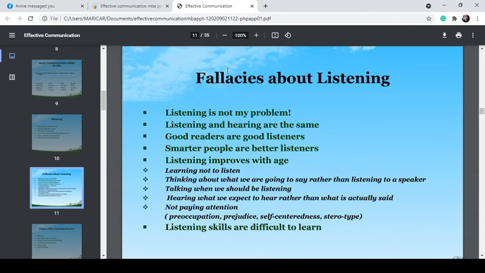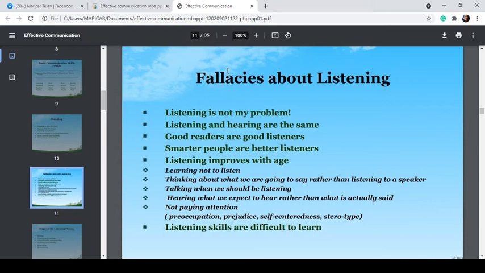Learning not to listen: thinking about what we are going to say rather than listening to the speaker, talking when we should listen, hearing what we expect to hear rather than what is actually said, and not paying attention. Preoccupation, prejudice, self-centered, and stereotype. So, ang pakikinig daw ay depende sa ating kabisihan, sa ating pagtingin, o yung tinatawag nating prejudice, sa pagtingin sa mga bagay-bagay, yung tingin natin sa ating sarili, at tingin natin sa ating kapwa-tao.